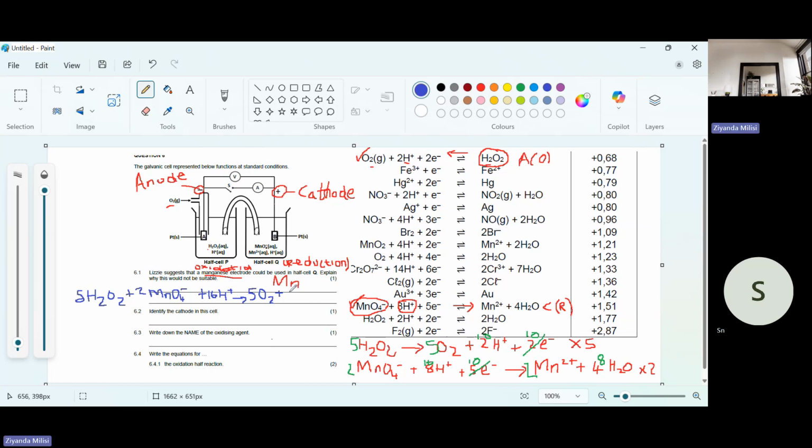You see that H plus appears on both sides.